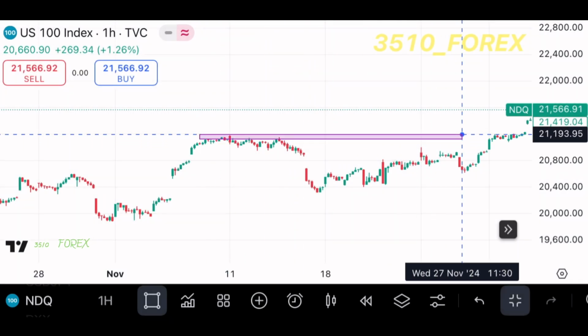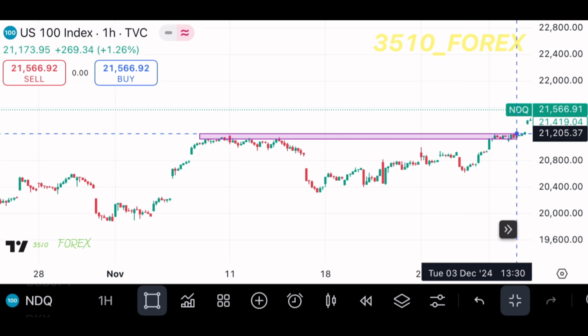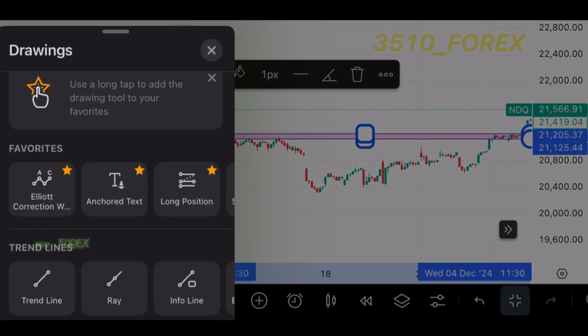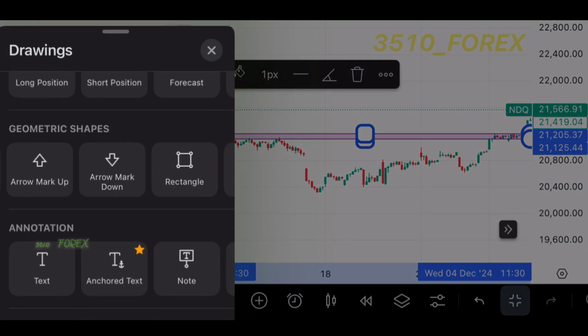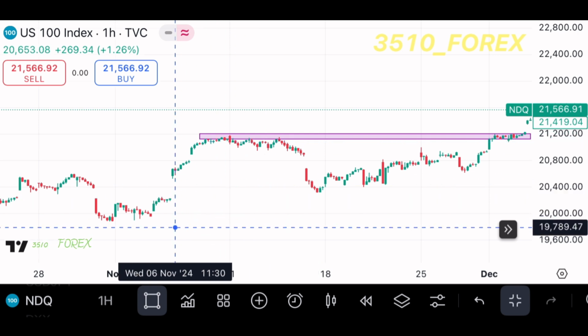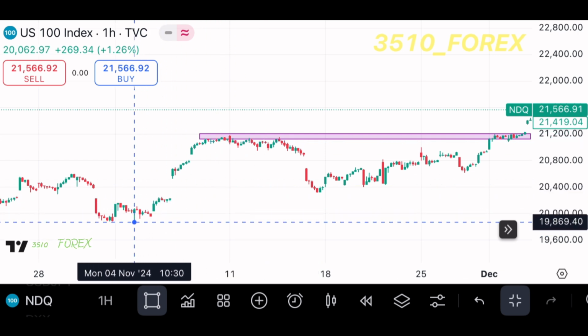This is your resistance level, right? And then you extend your horizontal line, or your rectangle, or anything that you use to highlight your support and resistance. And then this can be your support, right?